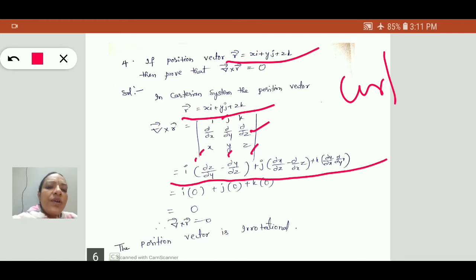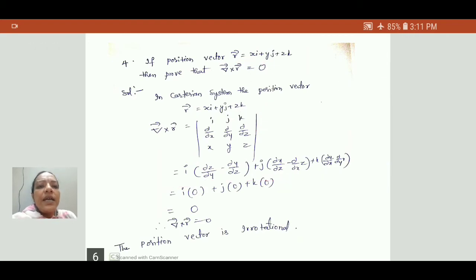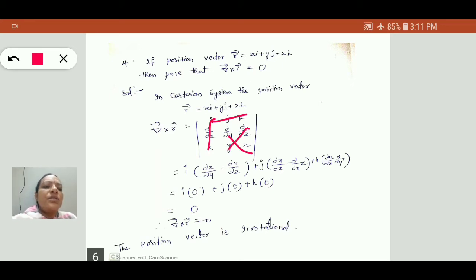So this is the coefficient of i. This can be calculated as i into (∂z/∂y minus ∂y/∂z). Similarly, instead of minus j we are taking plus j, so that is j of (∂x/∂z minus ∂z/∂x).